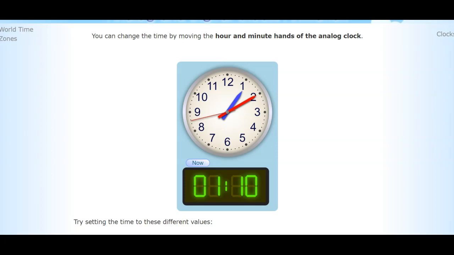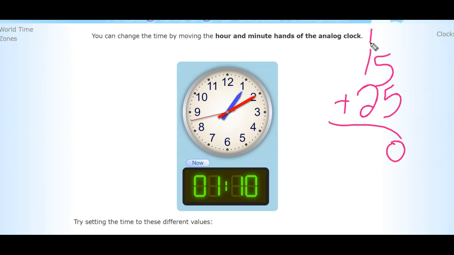35? Well, let's see. 15 plus 25. 5 plus 5 is 10. Carry a 1. 1 plus 2 is 3. Plus 1 more is 4. So 15 plus 25 is how many minutes? 40. So what time did he start preparing? Well, let's see.